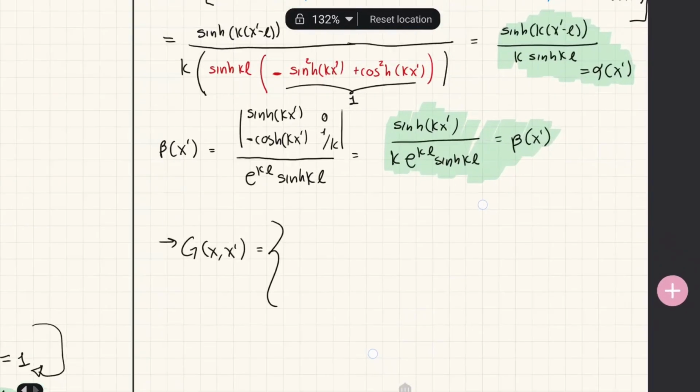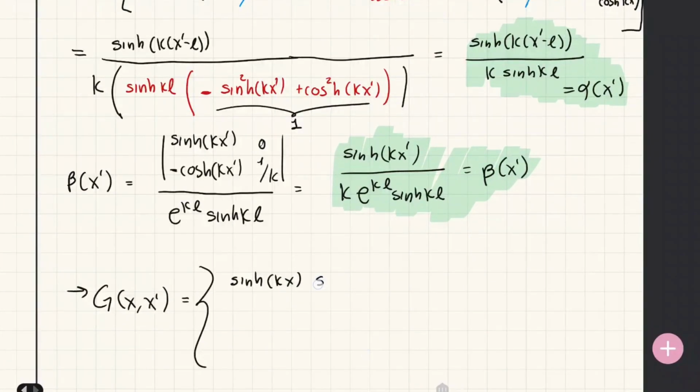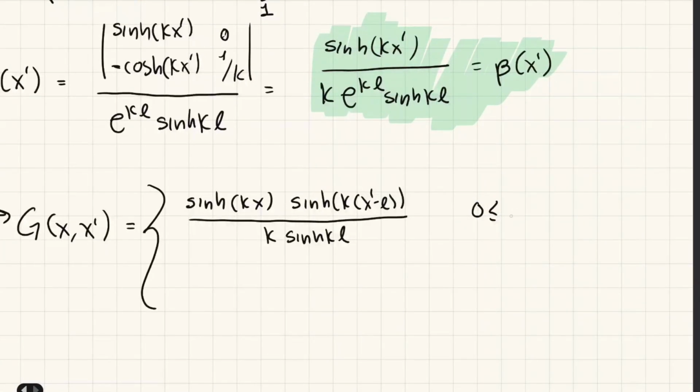Here we are going to have the hyperbolic sine of kx times alpha, which is the hyperbolic sine of k times x prime minus l divided by k times the hyperbolic sine of kl. And this is for 0 less than or equal to x, less than or equal to x prime, less than or equal to l.